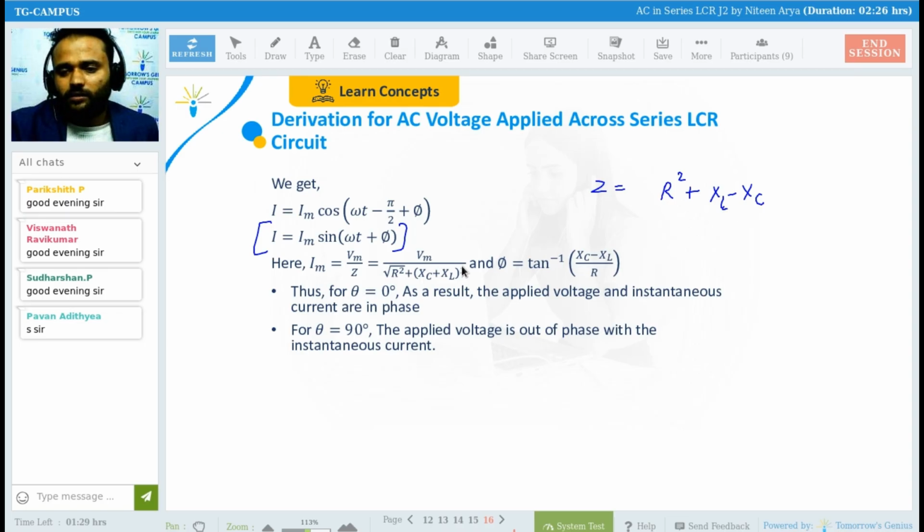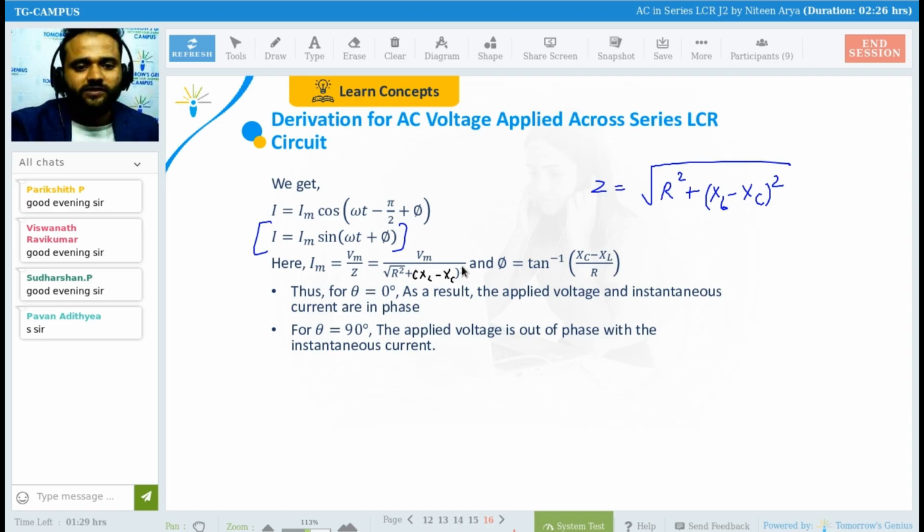That is written wrong here. Here the thing is going to be negative. Now it is correct. Where phi equals tan inverse of (XL minus XC) by R, that was also reversed.